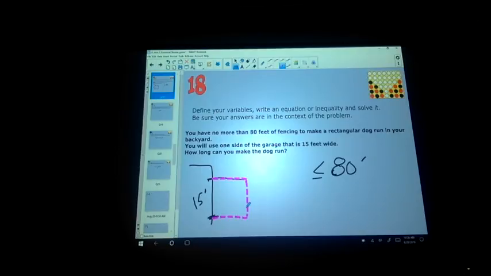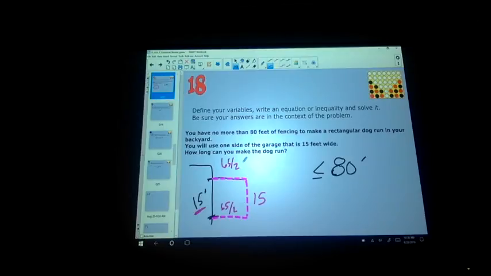So how long can you make your dog run? This is 15, that has to be 15. If you subtract the 15 from the original 80, that's 65. So this side needs to be 65 over 2, and this side has to be 65 over 2, just keeping it as a fraction, which is 32.5.